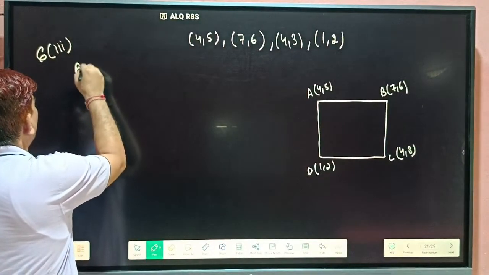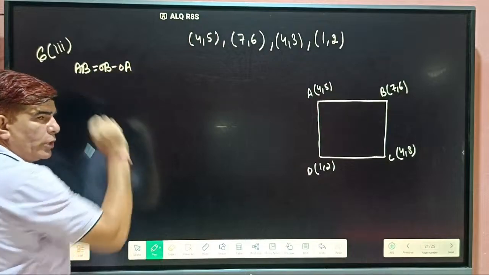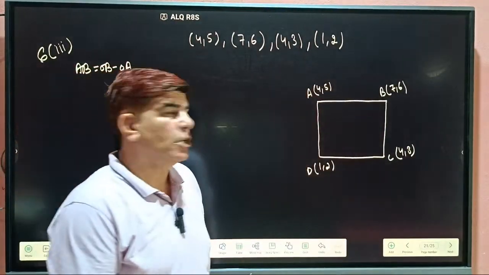AB equal to OB minus OA. O means origin here. Understood?